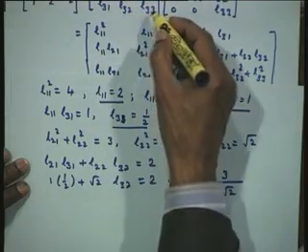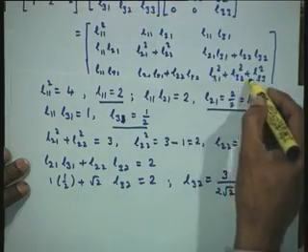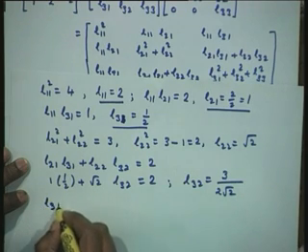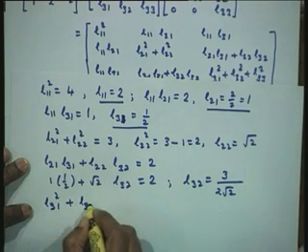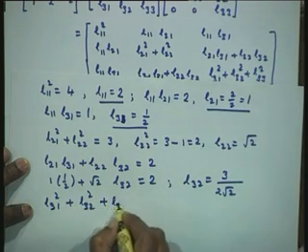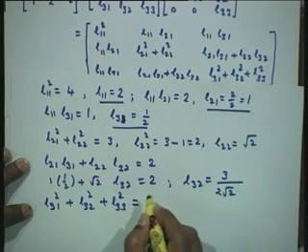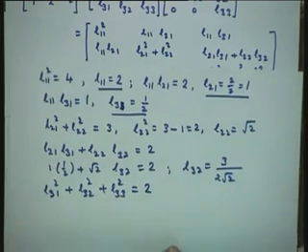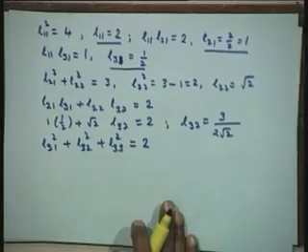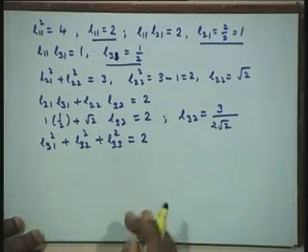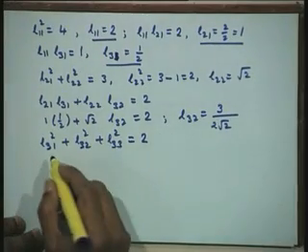So we go to the third column, that is the third element. So we will have to take the last element over here, that is L31 square, L32 square, L33 square is given as 2. Now let us substitute the values.